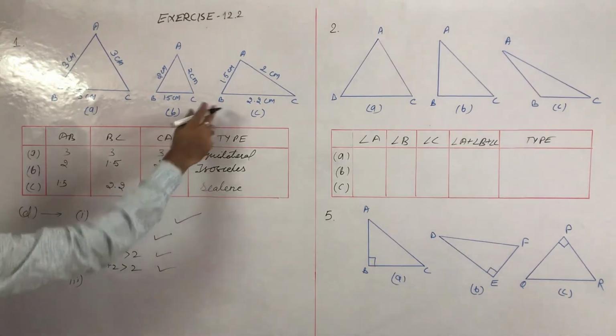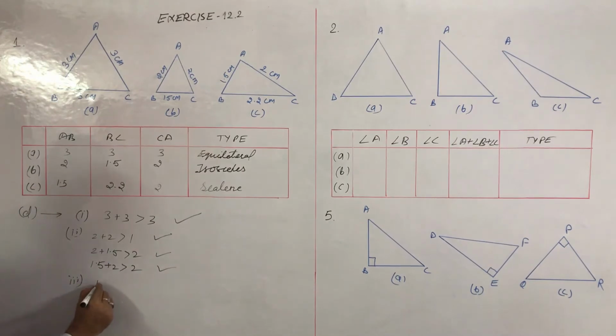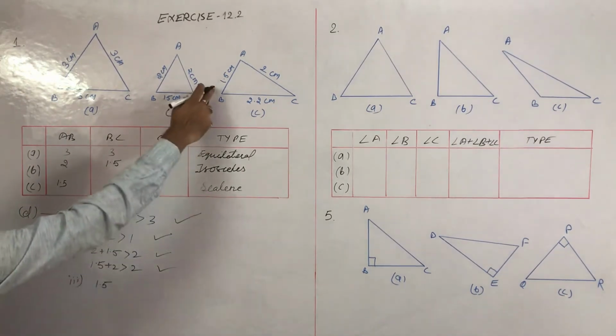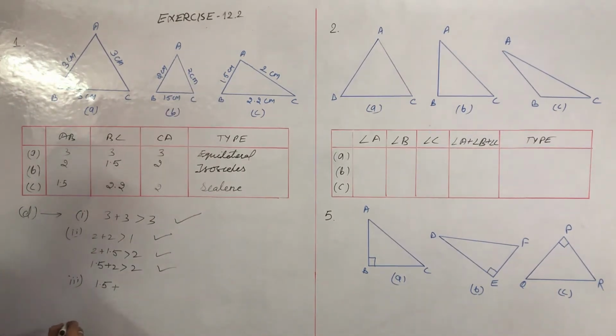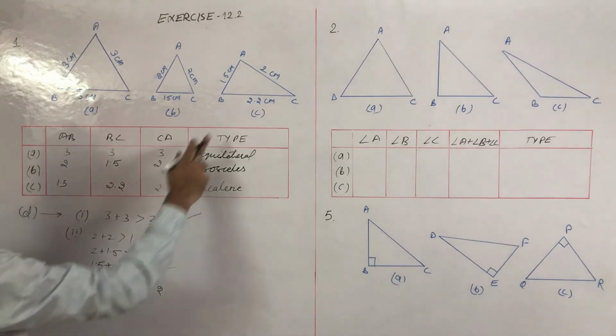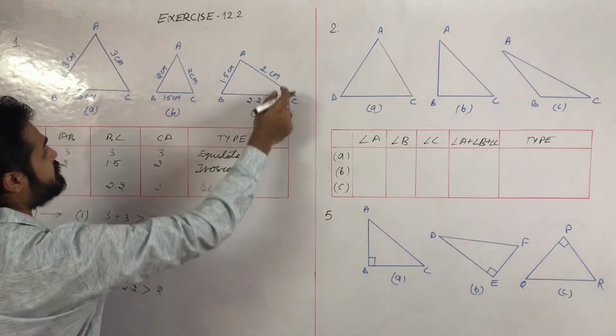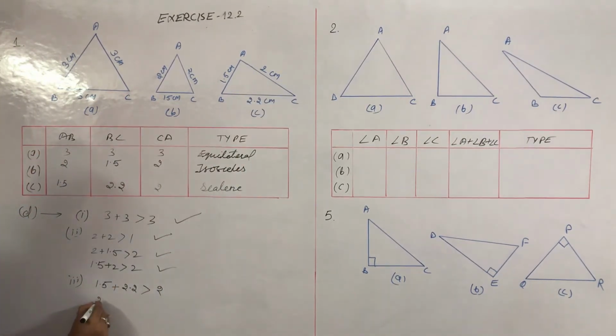Now in the third case, 1.5, the first side, plus the length of the second side, 2.2, is greater than 2. Yes, correct. Now if we consider these two sides as first and second side, 2.2 and 2, yes, again it is greater than 1.5.